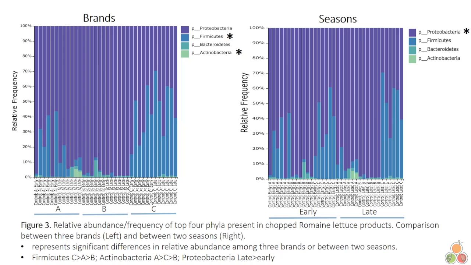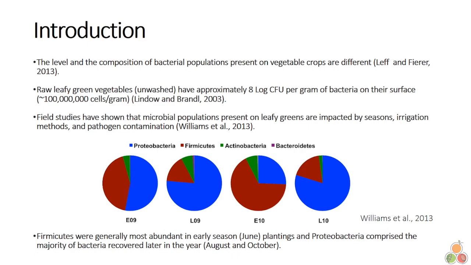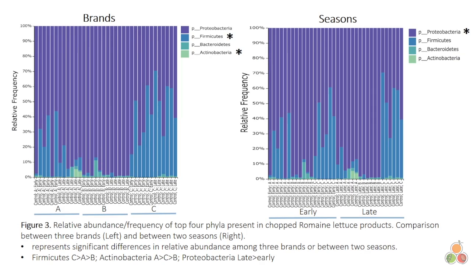Now the next thing you're going to ask me, and it's the question we asked before, how about the seasons? Before washing, if you still remember, Firmicutes were generally most abundant in the early season. Proteobacteria is more late season. We realize that after washing, the differences we see about Firmicutes between early and late season no longer exist based on the comparison of their relative abundance.